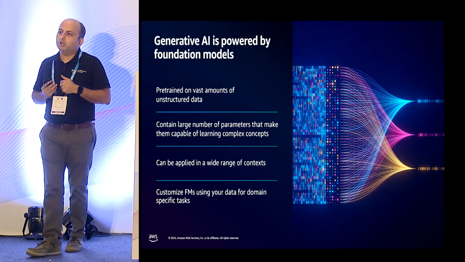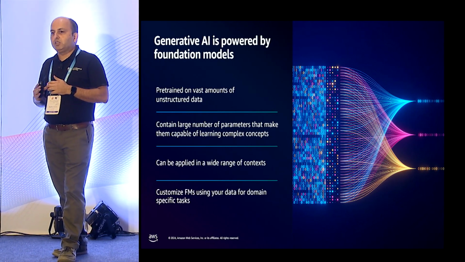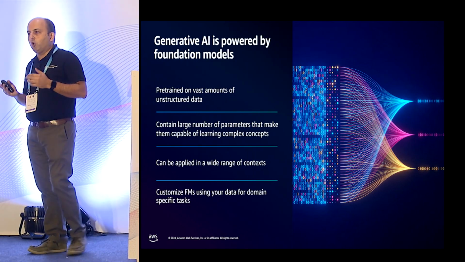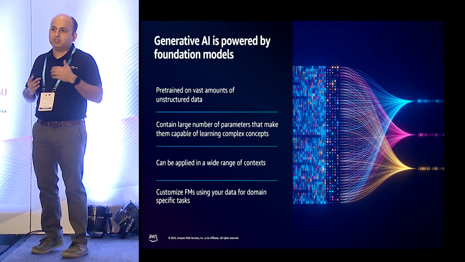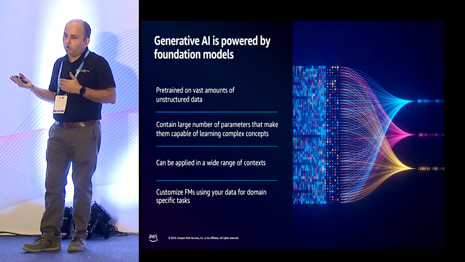generative AI applications to create generalized content with remarkable accuracy, like image generation. You can have a chatbot which can talk to you in a natural language of your choice. So that is the power of the foundational model.